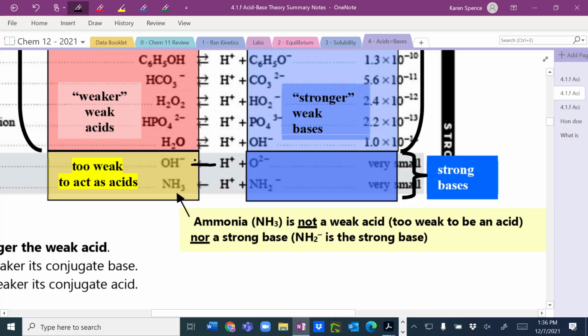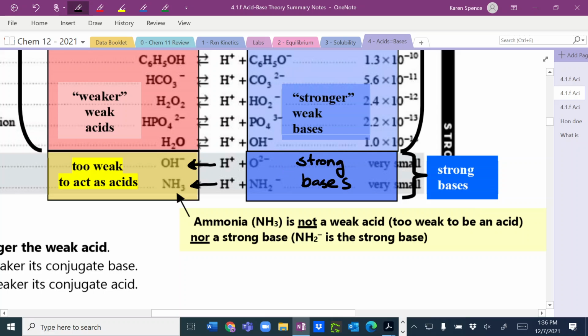But this time they are one directional going to the left. So down here, these are our strong bases, because remember, bases are on the left. So our two strong bases are O2 minus and NH2 minus.